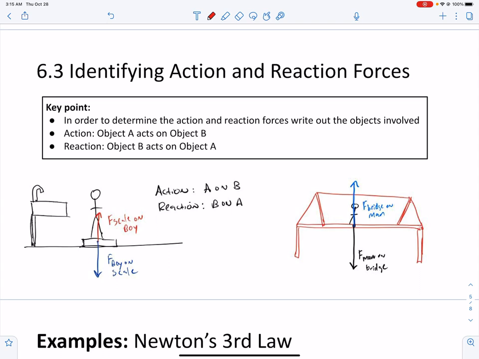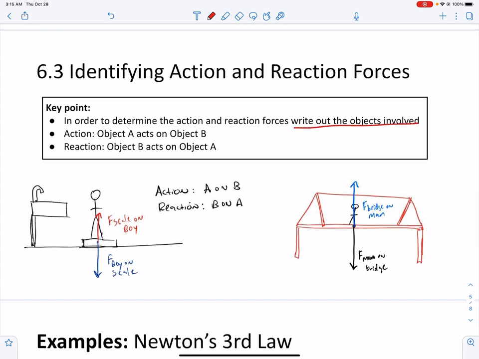All right. What if we wanted to go about identifying action and reaction forces? Well, there's a method to doing this. The simplest way is to write out the objects involved. So you'd write action, object A pushes on object B. Reaction is object B pushes on object A. And you're like, well, Mr. Mellor, why would we bother with that?